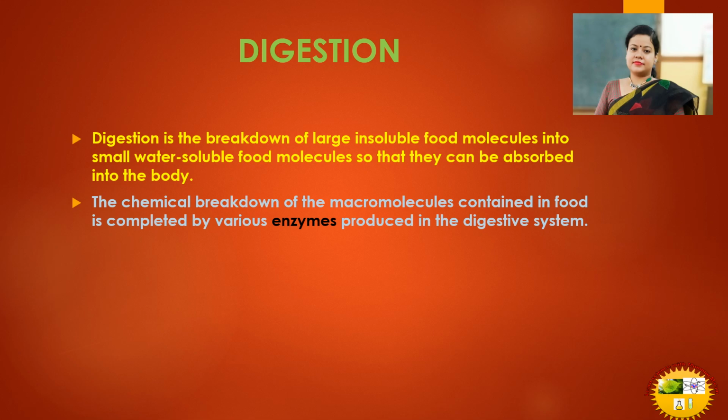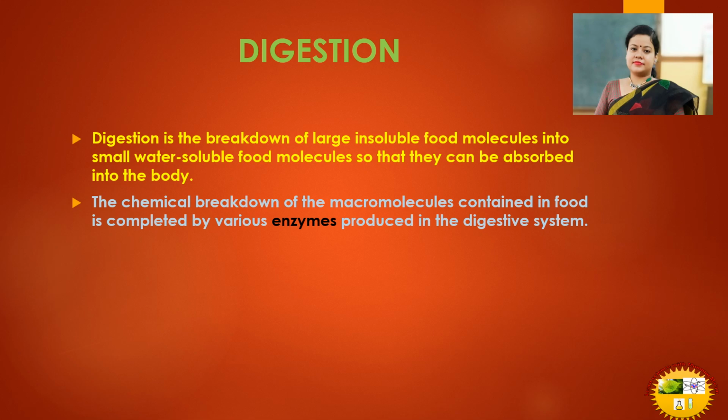You have read in class 6 components of food that carbohydrates, proteins and fats are very necessary nutrients for our body. But they are macromolecules. Until they are broken down into micromolecules, water soluble small molecules, they cannot provide us with energy. So which help in breaking down these macromolecules? These are the enzymes.